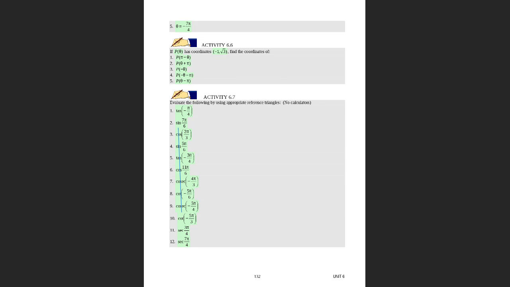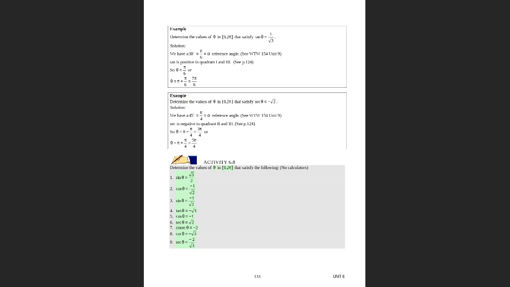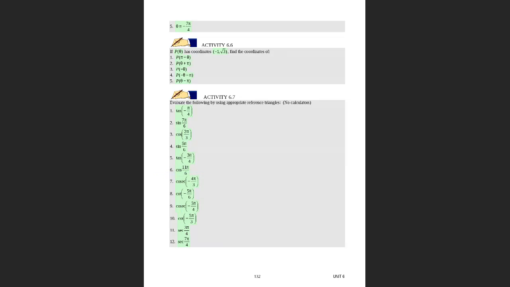Okay. So now, on minus pi over 4. Because of the negative, you have this, and it is going to come here.